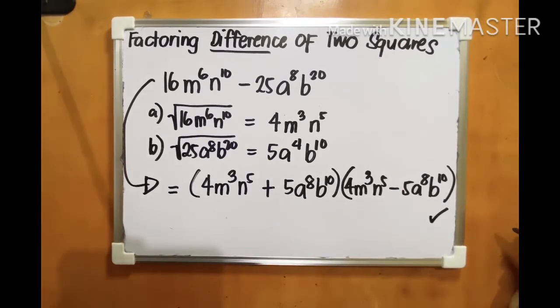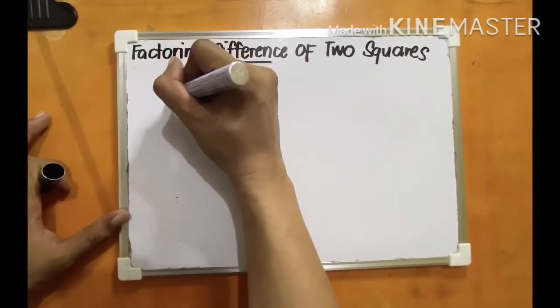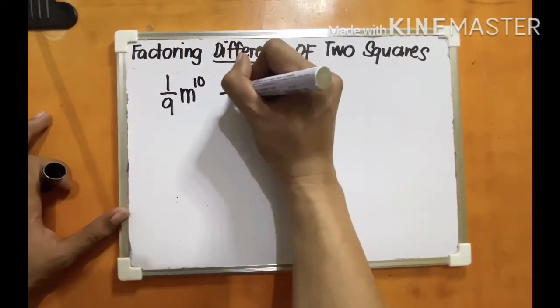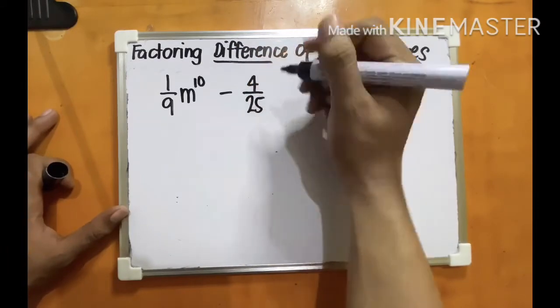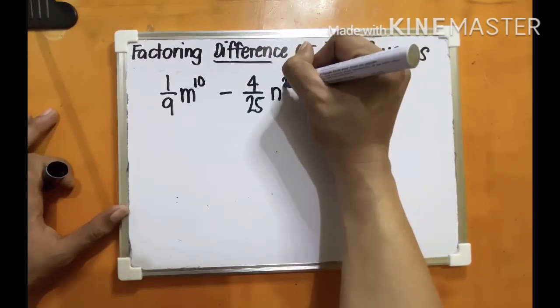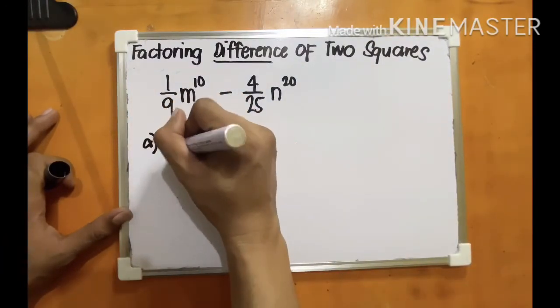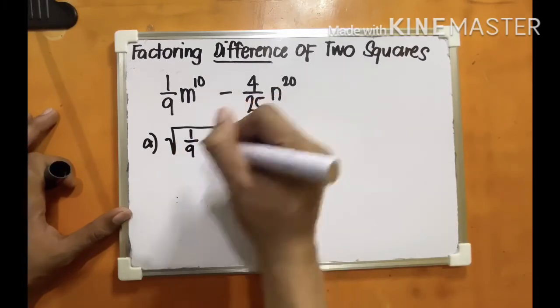Now let's involve fractions. So for example, we have 1/9 m¹⁰ − 4/25 n²⁰. So again, step A, square root of 1/9 m¹⁰.